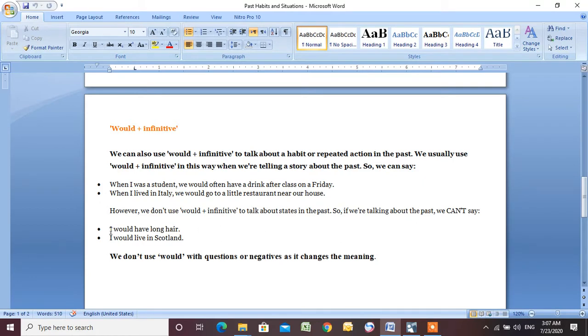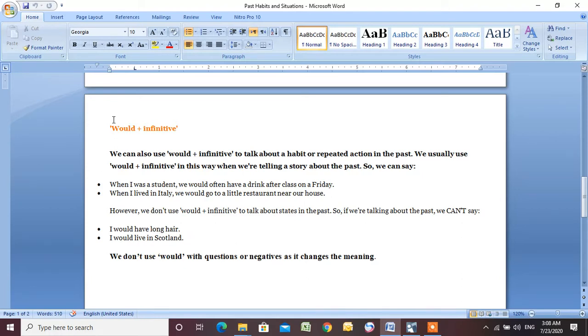So you cannot say I would have long hair, but you say I used to have long hair. You cannot say I would live in Scotland, because it changes the meaning. If you say I would live in Scotland, it means this is what you want. This is what you want to do. I would live in Scotland. This is what you prefer to do.